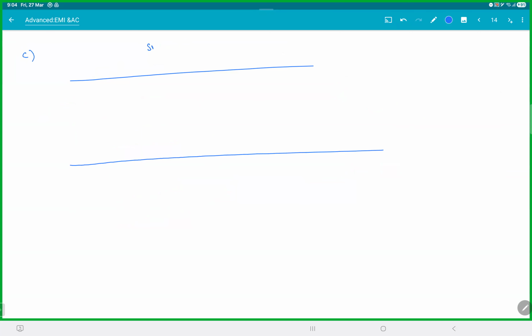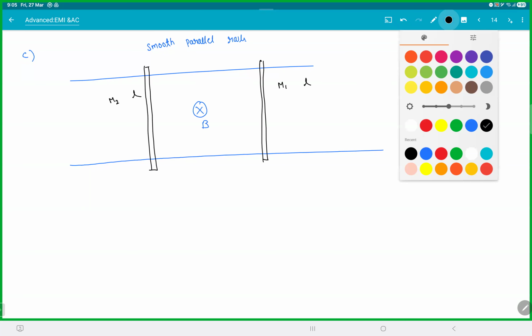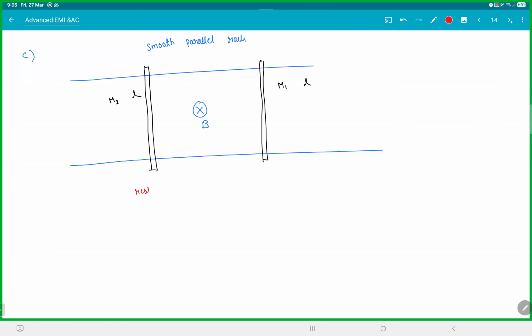Again, smooth parallel rails. There is a magnetic field B. We got a rod here, mass M1, length L. We got a rod here, mass M2, length L. So this rod was initially at rest. This is the top view. There's no gravity. And someone kicked this rod with speed u.